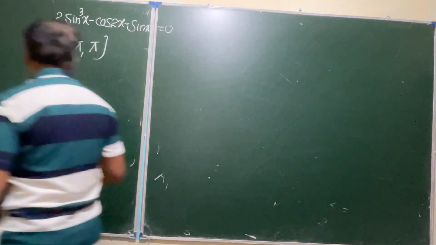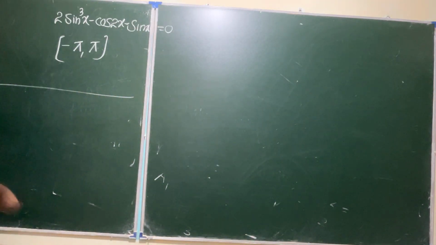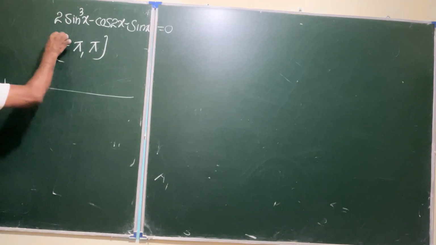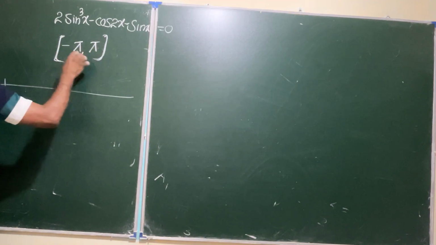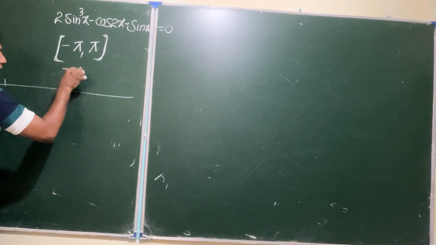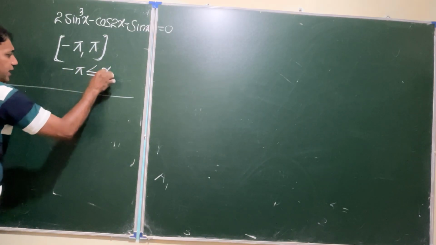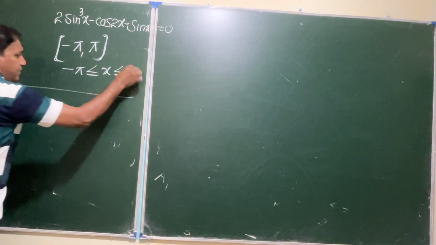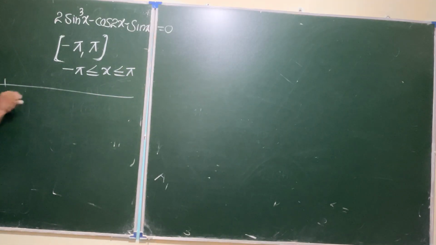Okay, so actually what do you mean by minus pi to pi? The bracket here is for equal. If I show this inequality pattern, minus pi like this, that is the meaning, right? Therefore, for example, minus pi is minus 180.